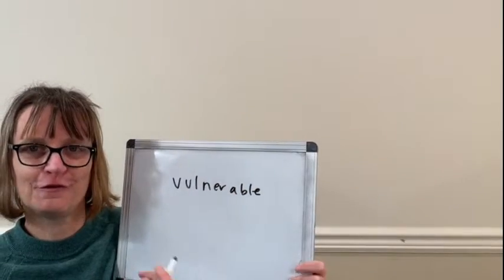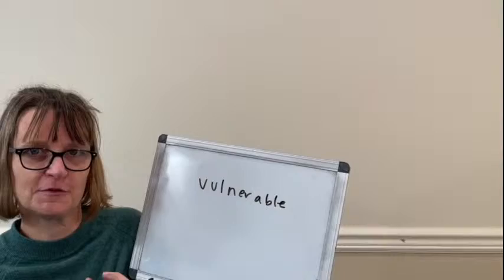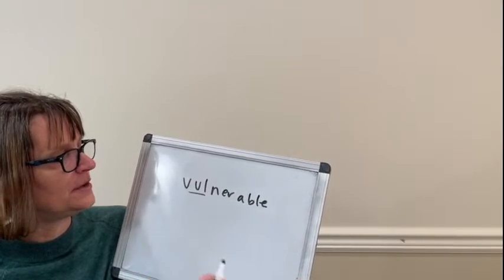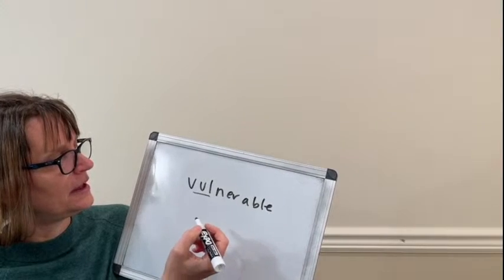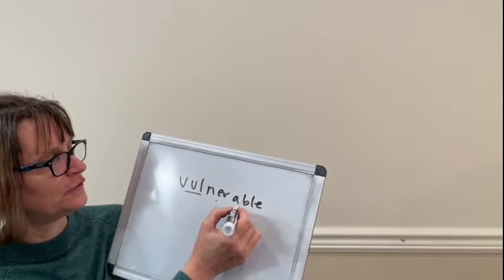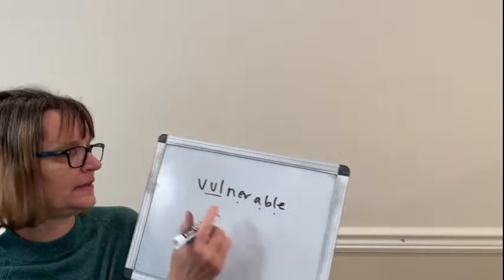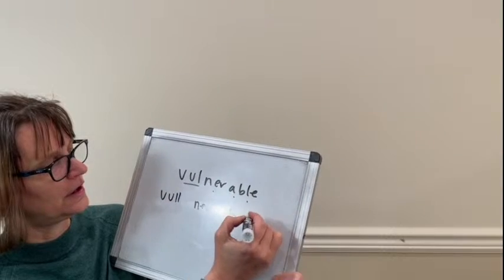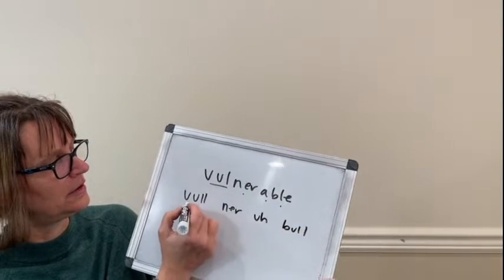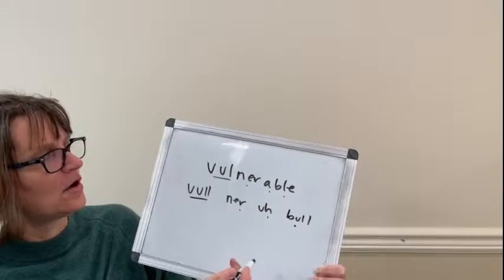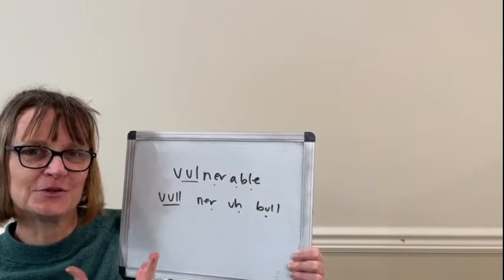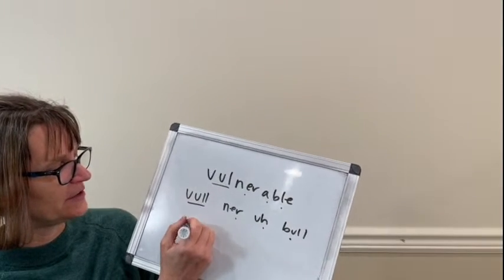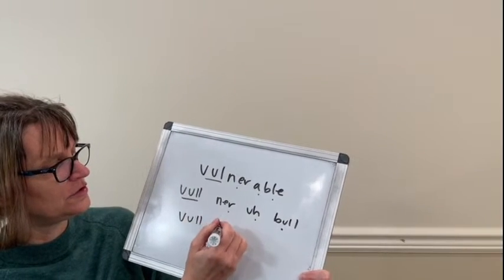I do have a video for "vulnerable" as well, and there's a couple of different pronunciations here. We have first syllable stress, "vulnerable". So I can do four syllables, "vul-ne-ra-ble". Here's another place where we tend to reduce a little bit and drop one of the syllables, and it would sound like "vulnrable".